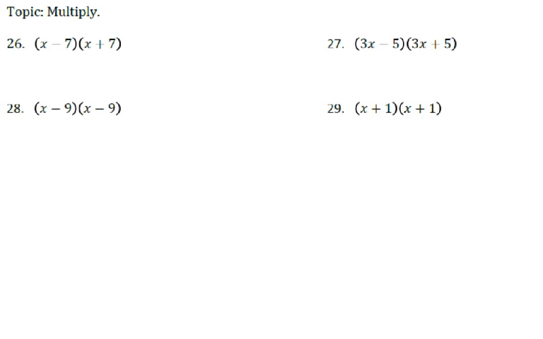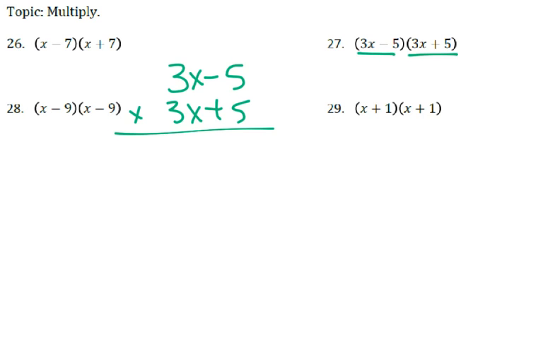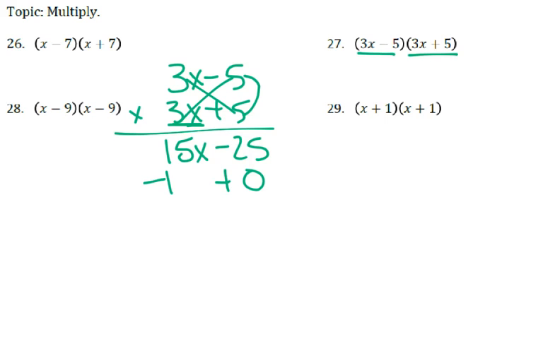Okay, there's a third way you can do it. You can treat these just like numbers when you multiply. So 3x minus 5 times 3x plus 5. When we multiply, 5 times negative 5 is negative 25. 5 times 3x is 15x. Then, when we go to the next term, we have a plus 0 here. 3x times negative 5, negative 15x. 3x times 3x, 9x squared.